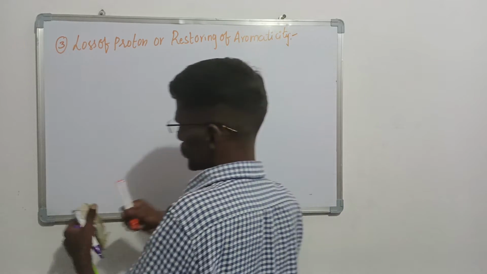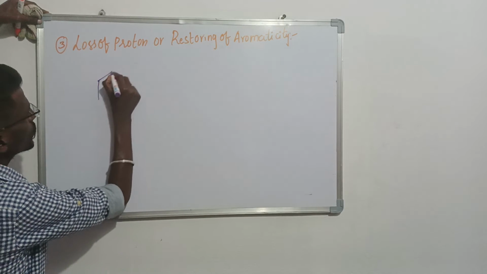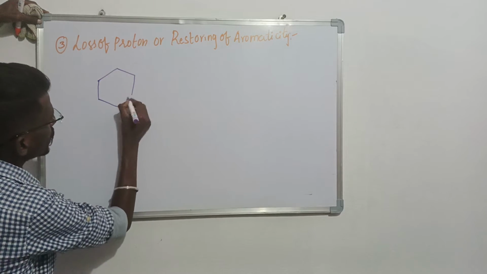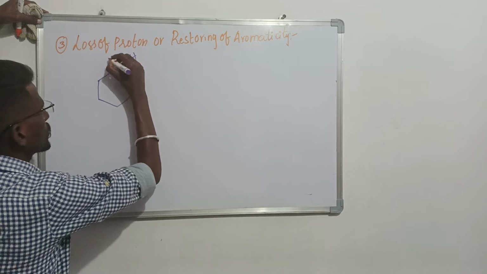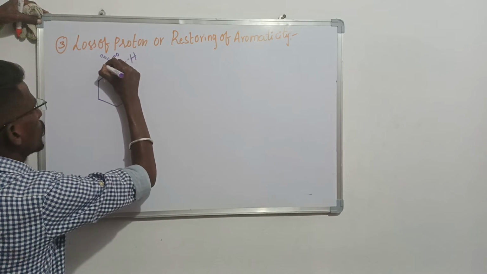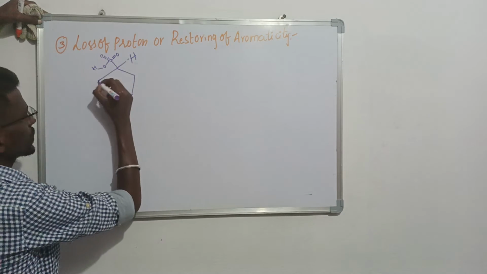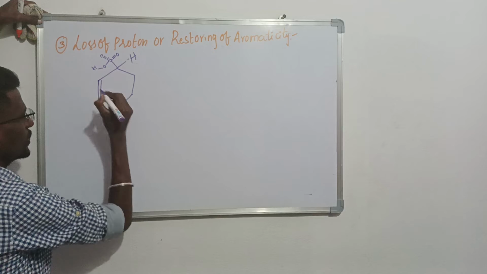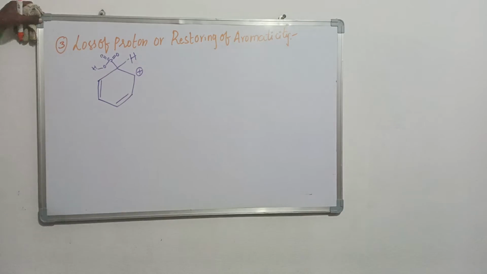To restore the aromaticity, the benzene loses one proton. So S double bond O and H, and it has the positive charge over this carbon atom, and the double bond system becomes like this.